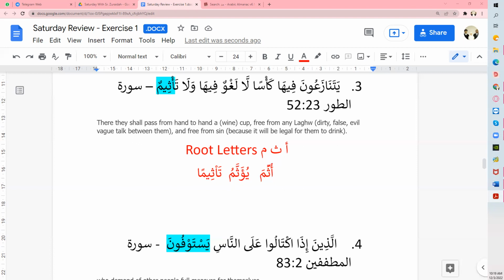So which one do you think that is of all the meanings there? Free from sin. Abbreviate. No, it's not abbreviation. Abbreviation is like kabara, which means to say Allahu Akbar.